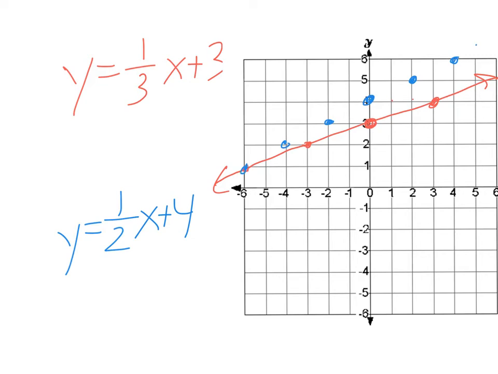At that point you should obviously be seeing that they do actually cross. There is a point of intersection. It's right there. And that point of intersection is in fact the point (-6, 1). And that is the solution to the system of equations.